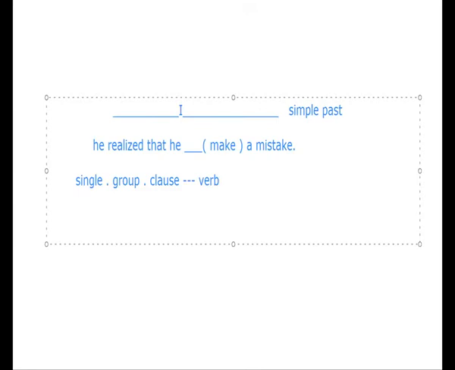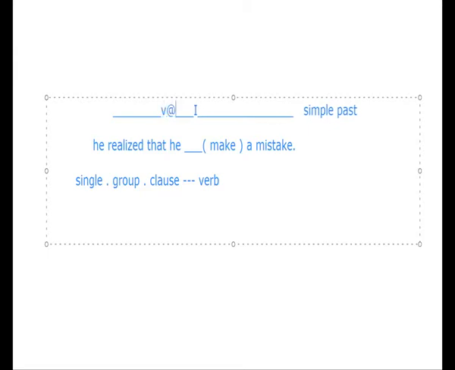Already one verb is given in the sentence that indicates the time. So: he realized that he made a mistake. There is no word which gives me a straight meaning for "when". There is no group, there is no clause, but I have one verb. So obviously "realized" is indirectly telling me that the whole story is related to the past.